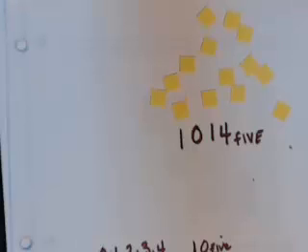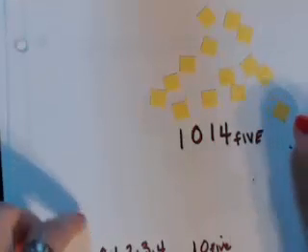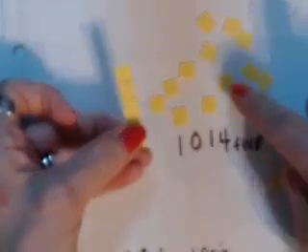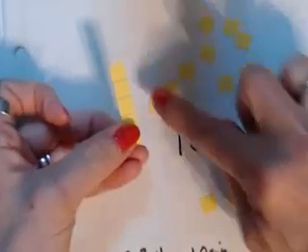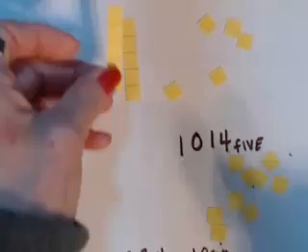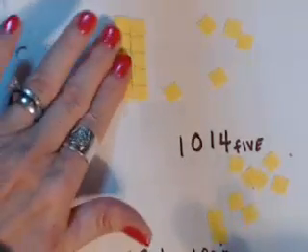So I'm going to group in 5s and replace each 5 with a long. 1, 2, 3, 4, 5. Here's a long. I'll take out another group of 5, 1, 2, 3, 4, 5, and that's a long.